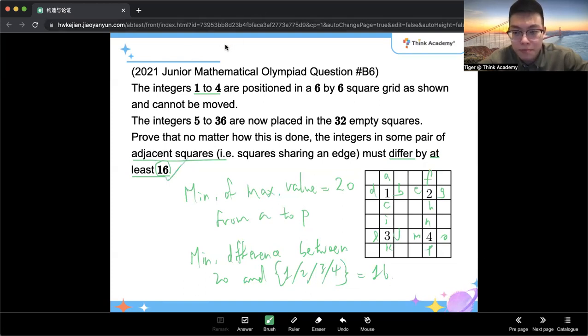So that's the proof, because I need 16 numbers to be put in the 16 boxes. And that's B6. You see?